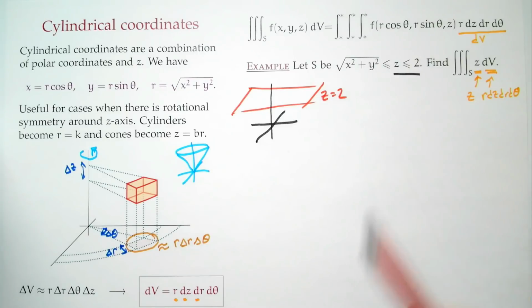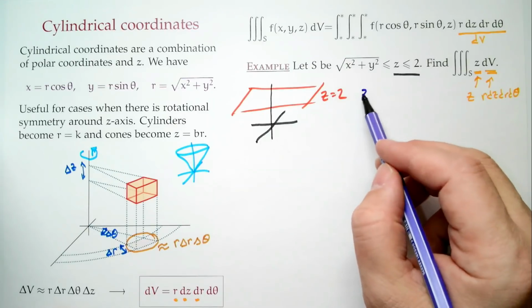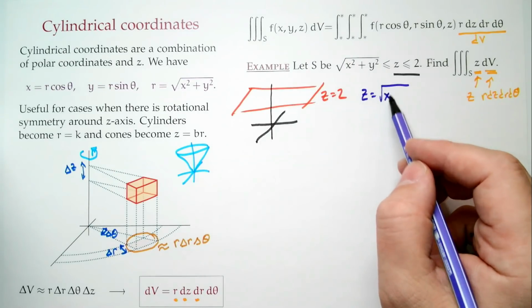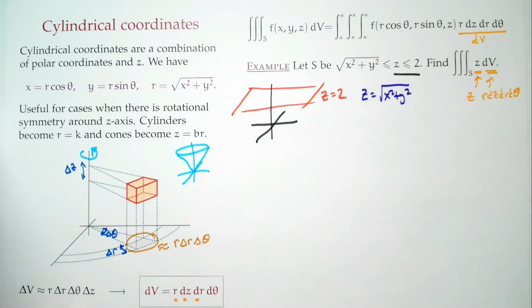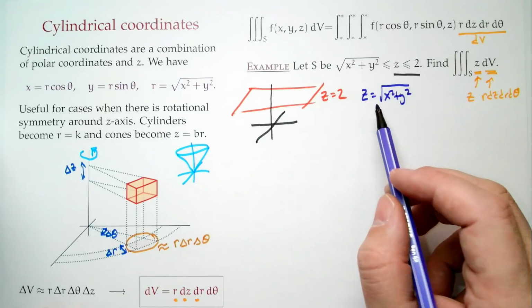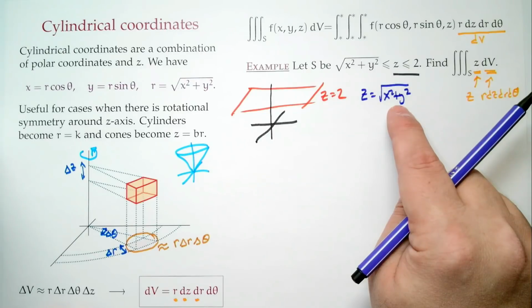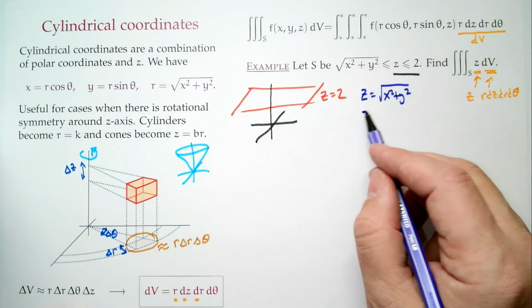How about z equals the square root of x squared plus y squared? What does that look like? If you rewrite this in terms of our cylindrical coordinates, square root of x squared plus y squared, what does that become? Yeah, r.